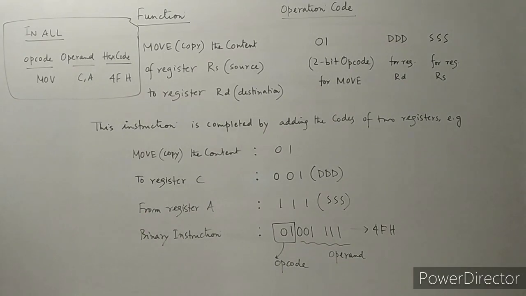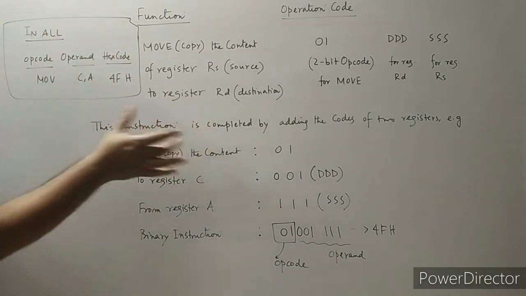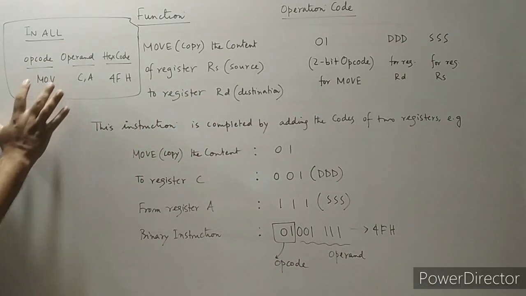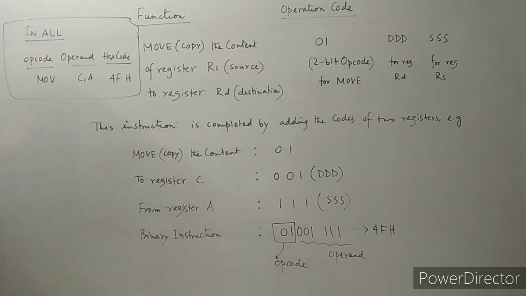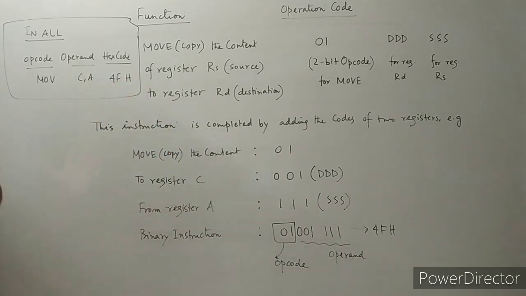So in assembly language, how do we write this? The opcode is move, meaning copy. The operand will be C, A, and the hex code will be 4FH.